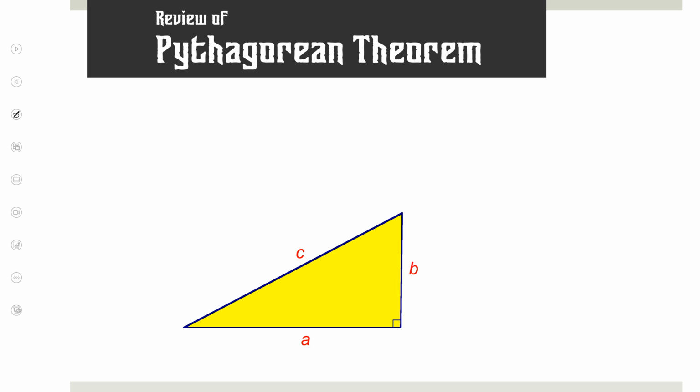Excellent. What's that little box in the corner mean, Matthew? Excellent. Yeah, it's a 90-degree angle, it's a right angle, it's a right triangle. Okay, here's the fun part. What is the Pythagorean Theorem? Is that you talking? Go ahead.